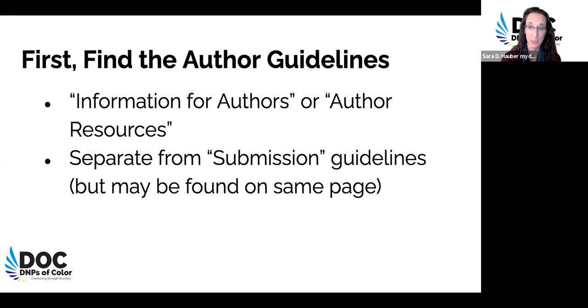Now, this is typically separate from the Submission tab. So again, when we look at these examples, you'll see there's a Submit an Article or a Submission tab on a website. The Information for Authors or the Author Resources usually is separate from that submission page. Not always, but usually. So again, step one is first find those author guidelines on your journal's website.